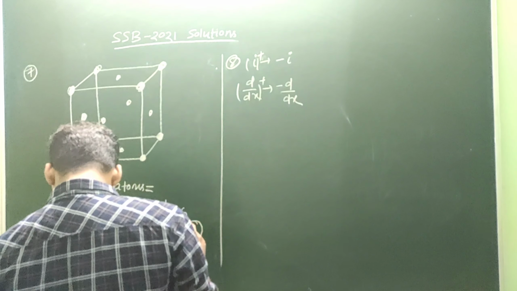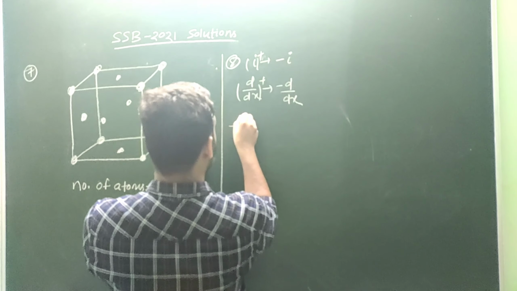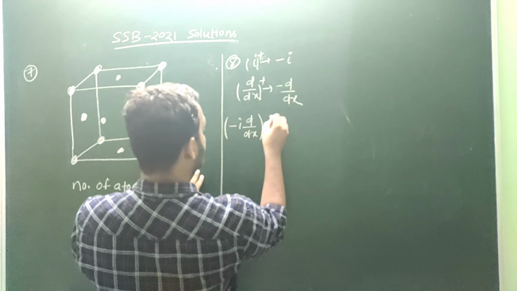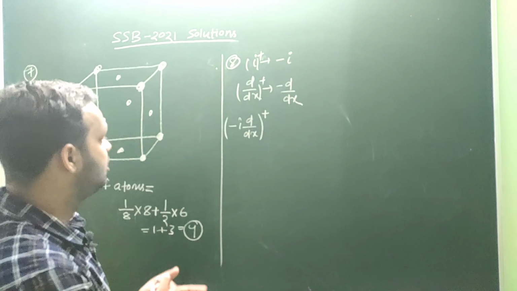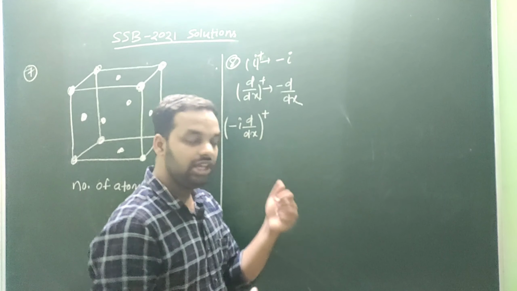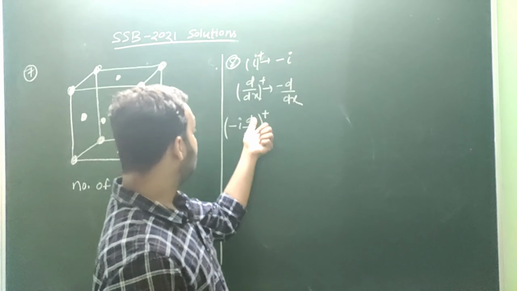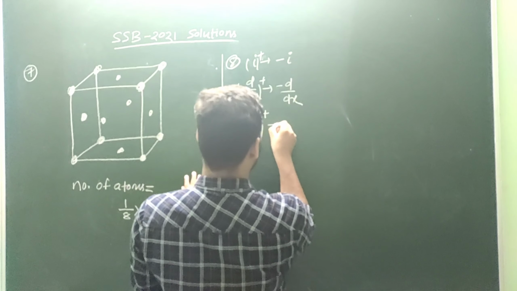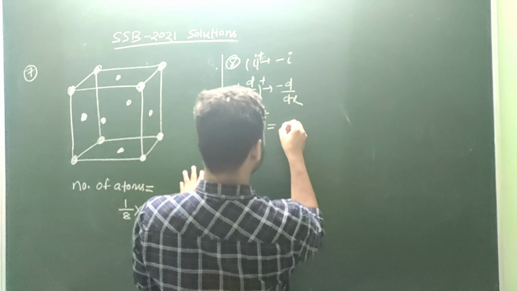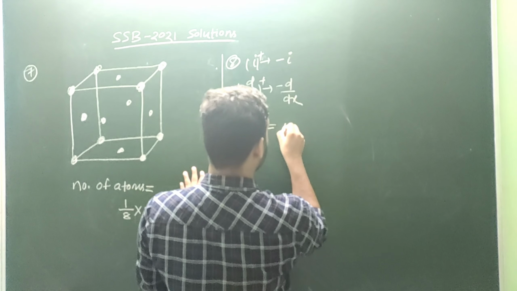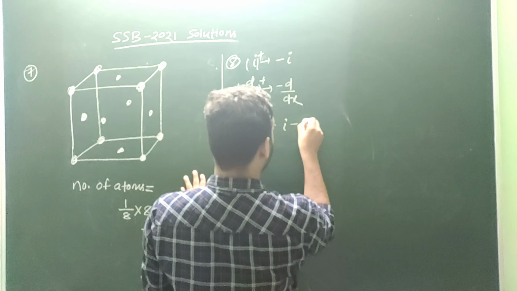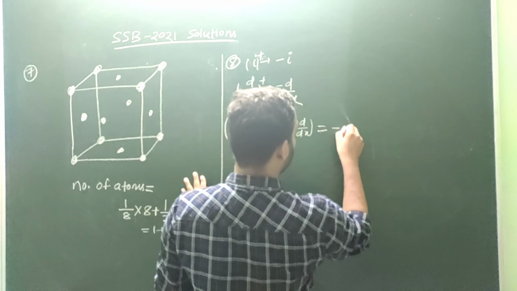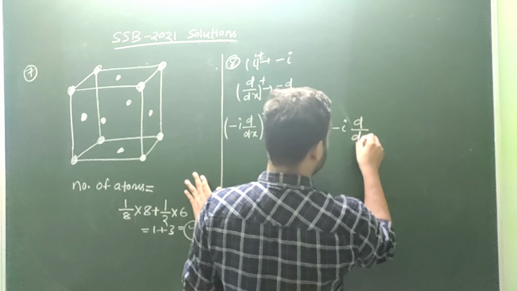And in the second option, it is given minus i d by dx. If you take its Hermitian conjugate, then minus i will give you plus i, and d by dx will give you minus d by dx. So this will be i into minus d by dx. So we can write down minus i d by dx.